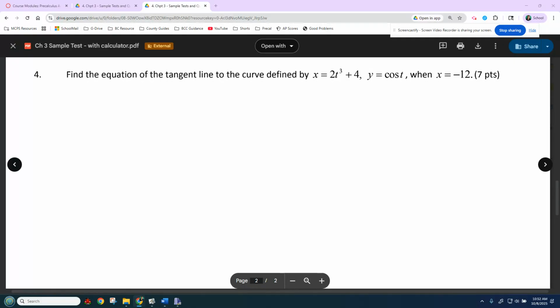now I need a slope. How do I get the slope? dy over dx. dy dt is negative sine t. dx dt is 6t squared. So when t is -2, I get negative sine -2 over 24.